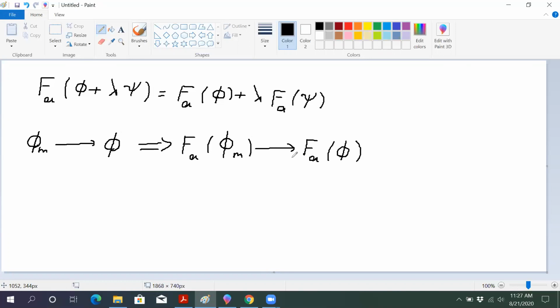We have to show this for continuity of F_A. So we suppose that phi_m converges to phi in D(R^n), then we have to show that F_A(phi_m) converges to F_A(phi) as a sequence of complex numbers.